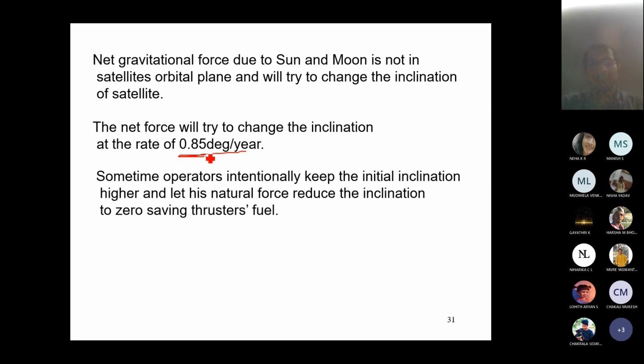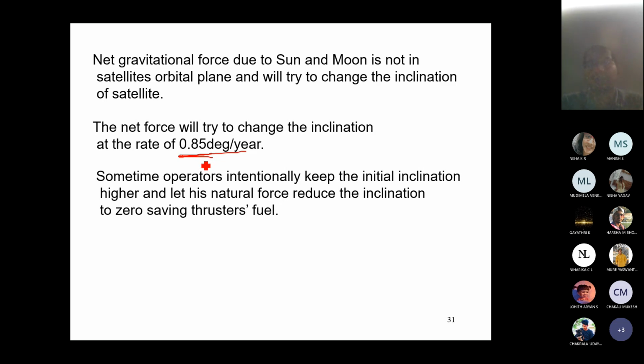Okay, so this movement is called north-south movement, because sometimes the satellite is pushed towards north and sometimes it is pulled towards south. So there is this change of 0.85 degree in the inclination angle, in the direction of north or south. So this is called north-south movement.